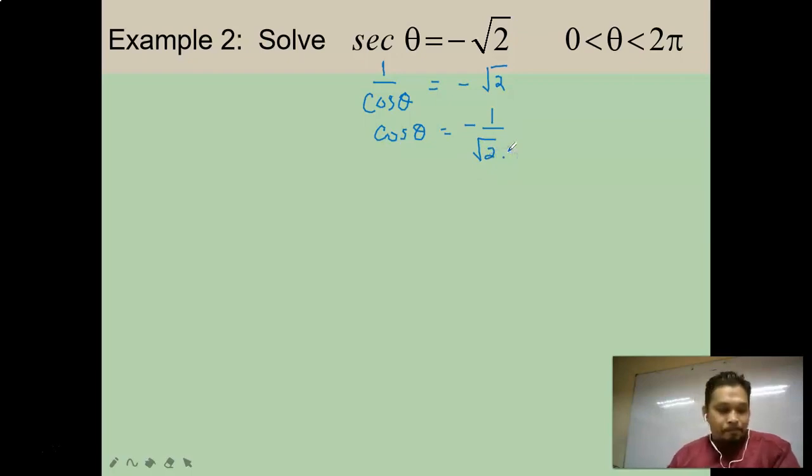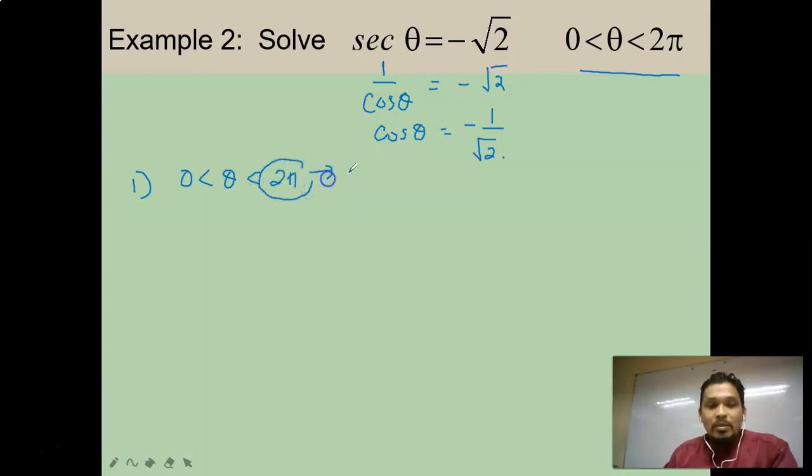For step number 1, the range given is theta lies in between 0 up to 2 pi, in radian, so it's considered as 360 degrees. So we are talking about an angle of a full cycle of 360 degrees here.